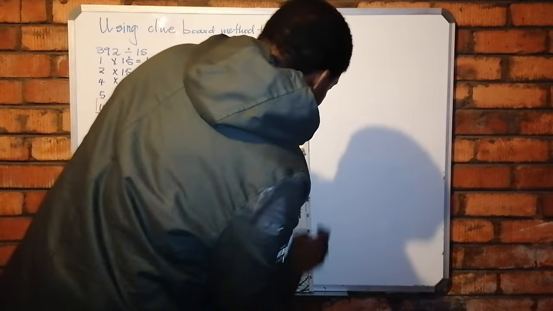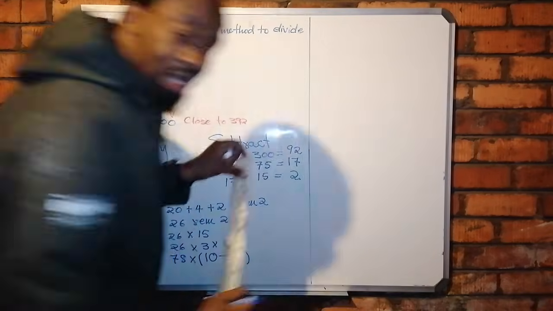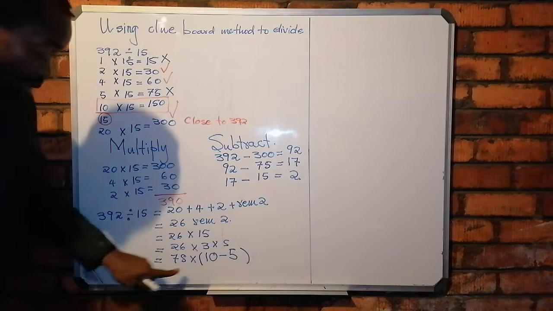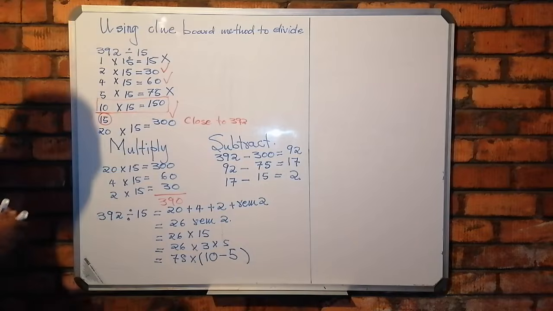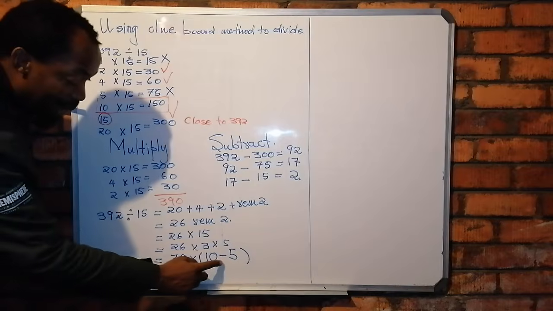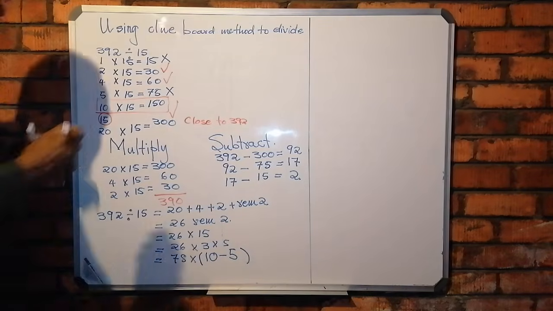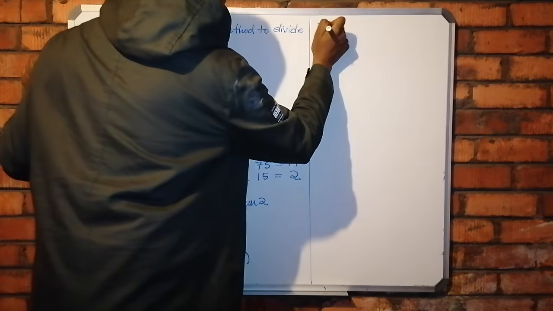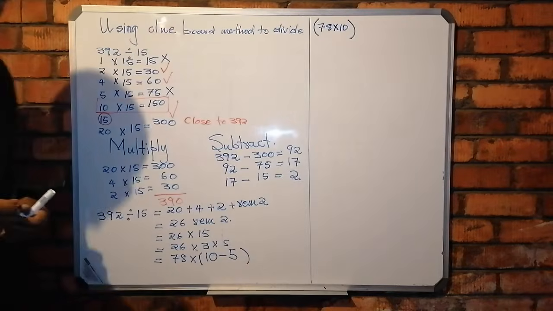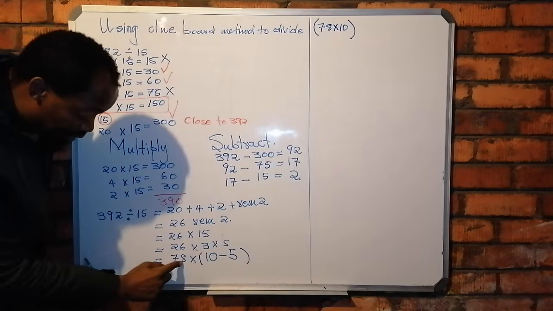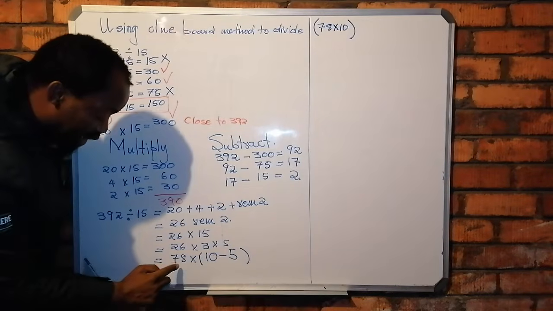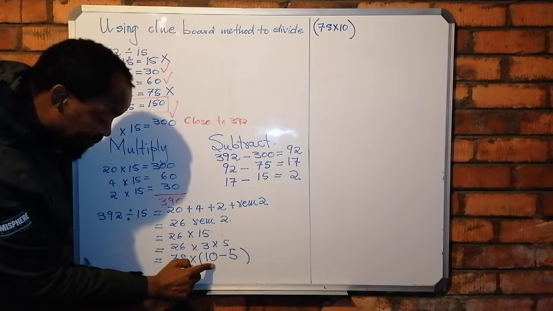Let me just divide these so that when our little ones are watching, they know that we've got 2 separate sides. Now, I'm multiplying these ones. 78 multiplied by 10 minus 5 means 78 multiplied by 10. I repeat this, mummies, again. When you've got 78 multiplied by open bracket 10 minus 5, close bracket, you multiply this by that first.